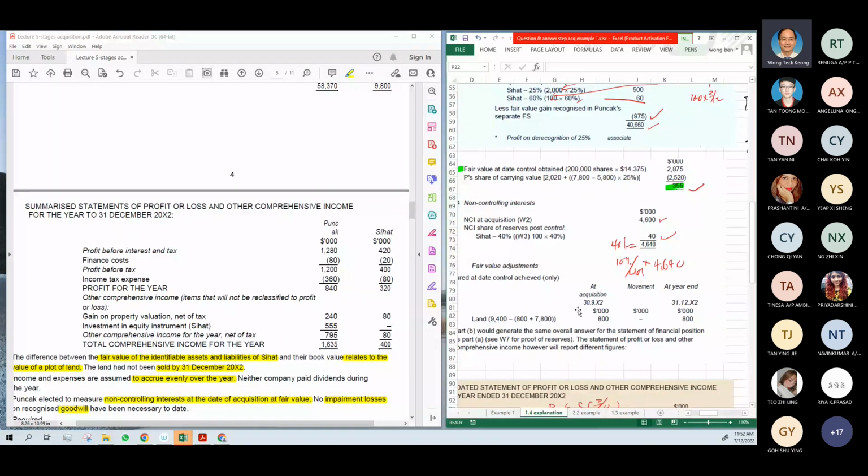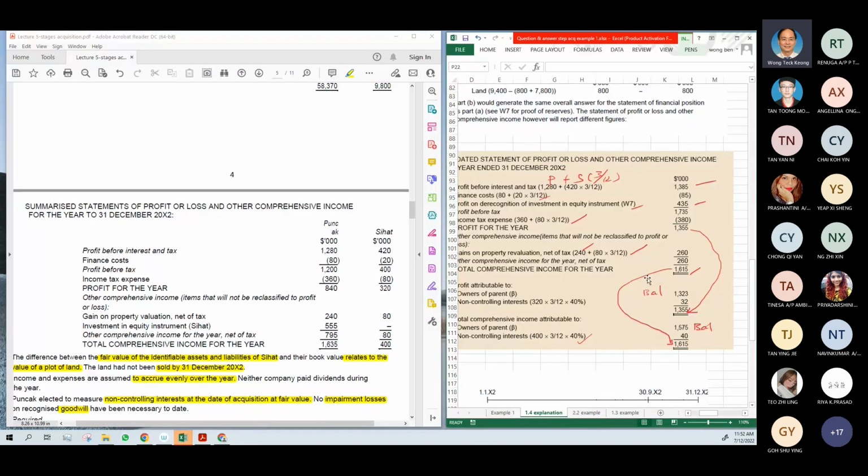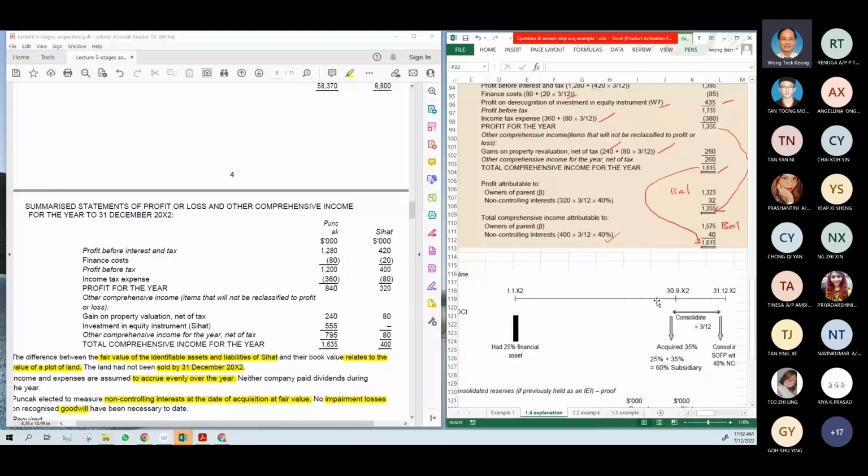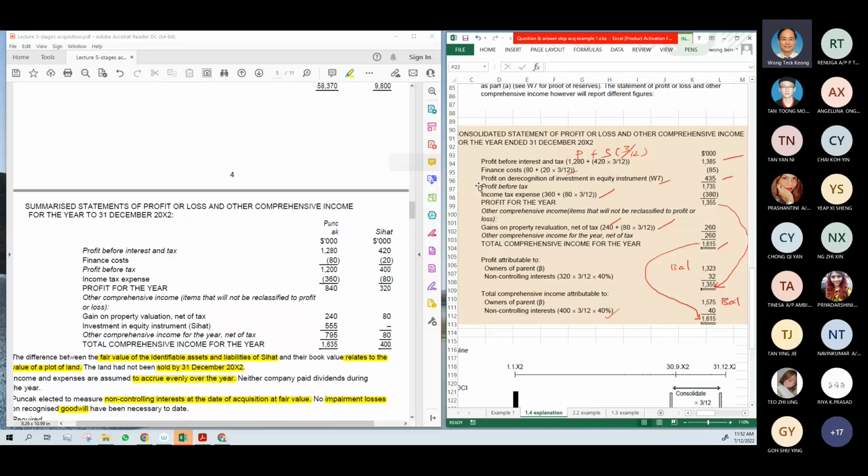Now for the P&L, easier, just add across and recognize. So income tax, parent plus subsidiary. Revaluation gain, same thing, parent plus subsidiary, but make sure you share 3 months only.